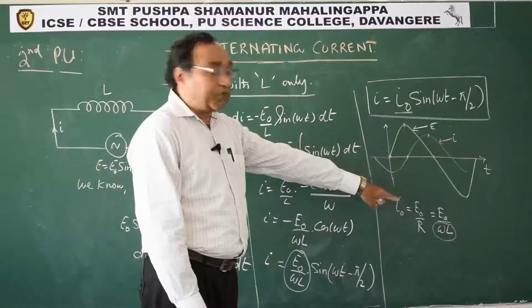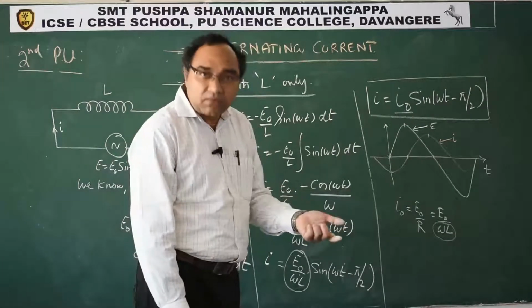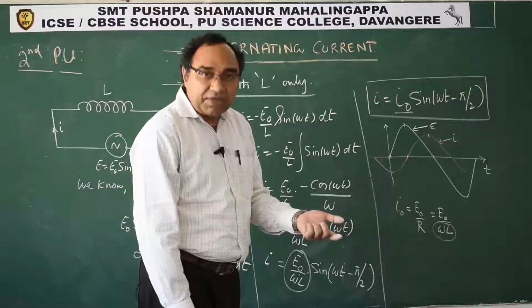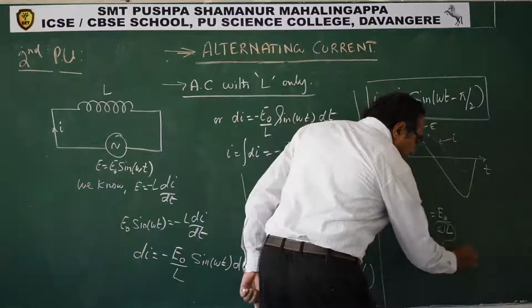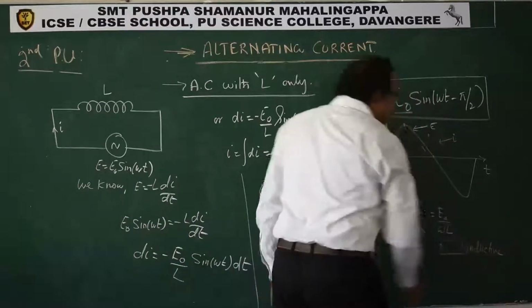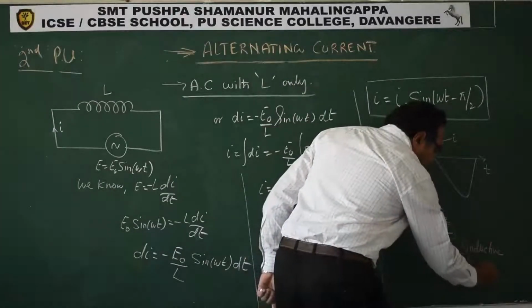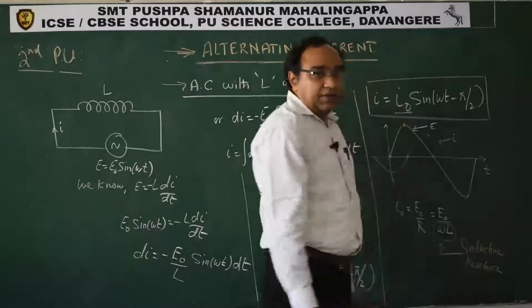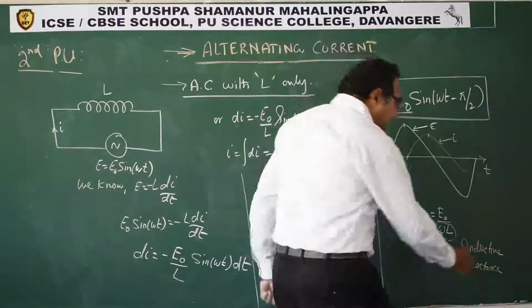Perfectly right, because it depends on omega, and every AC source has a frequency. So this term omega L is known as inductive reactance. Inductive means because of the inductor; reactance.